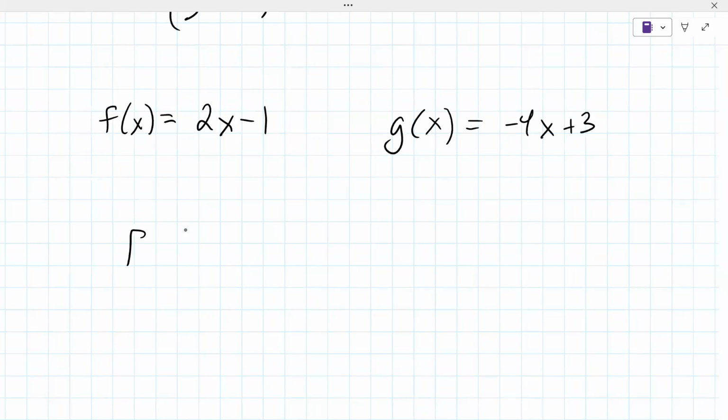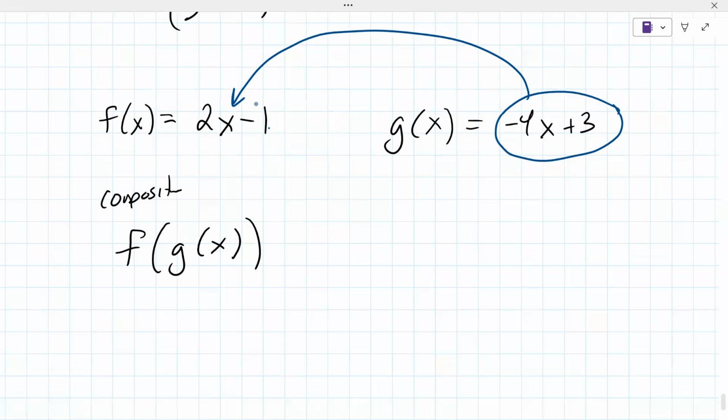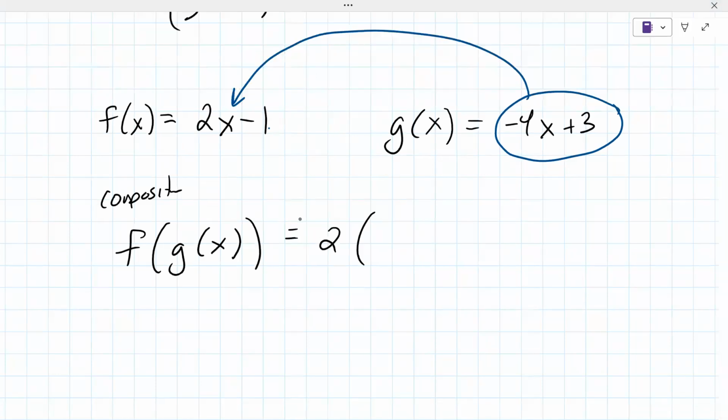And this time we want to find f of g of x, so this is composition. What this means is you take the inside function and you put it in for x. So this is 2 times negative 4x plus 3, minus 1.